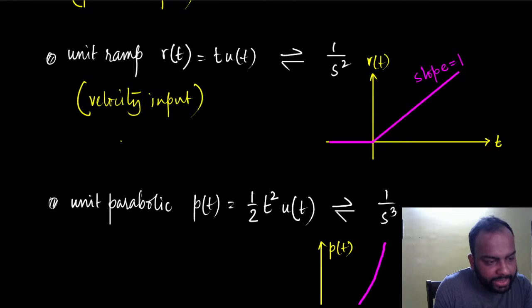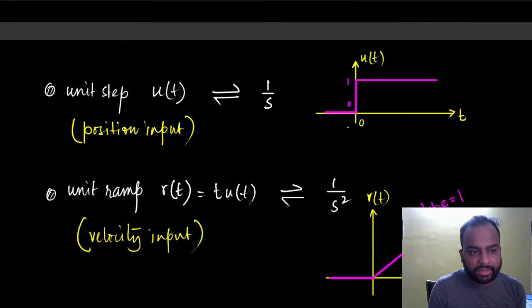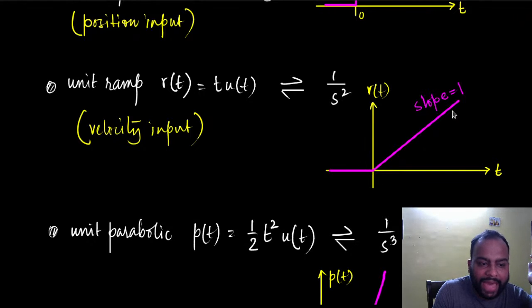Similarly, the unit ramp is also known as a velocity input. If the vertical axis is representing a position, then what happens here is that with time the position changes and increases, right? When time t is equal to 1, the position is also 1. When time t is equal to 2, the position is also 2.